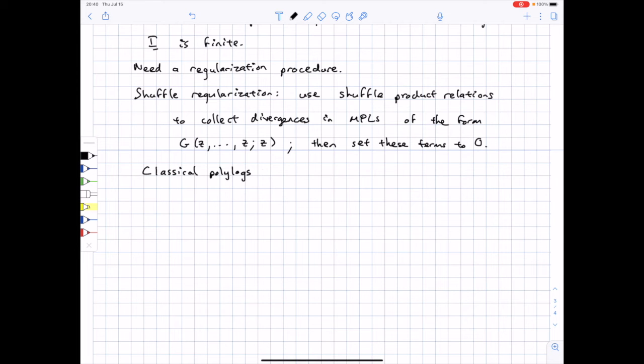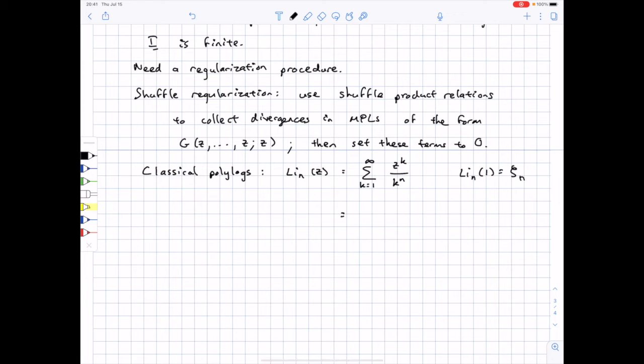You've probably also seen these in Claude's lectures, but just to recap very briefly, they're called Li sub n, so there's one for each natural number n. They can be defined in terms of infinite series, z to the k over k to the n. Note in particular that Li n evaluated at 1 is the value of the Riemann zeta function, zeta n.